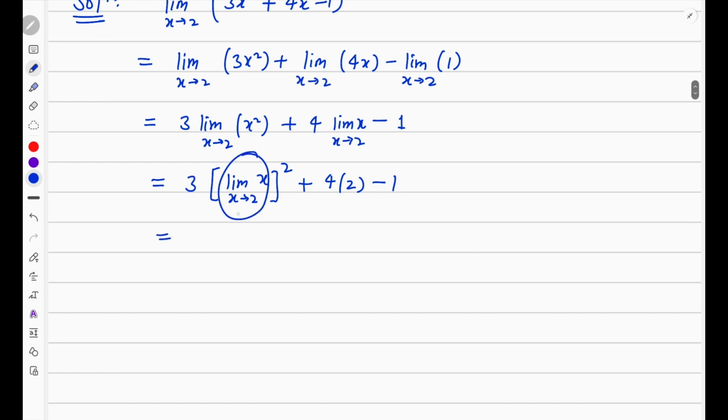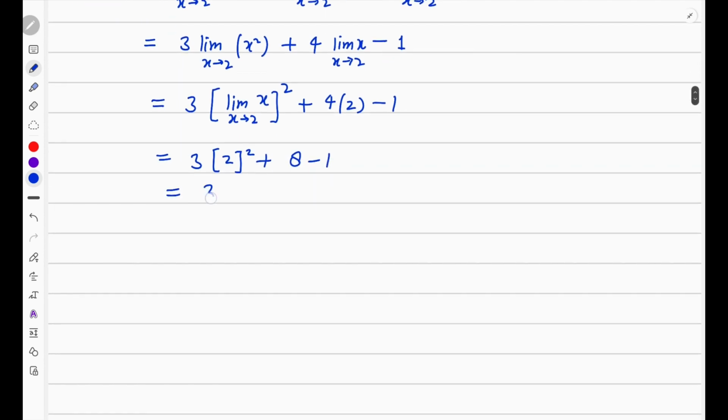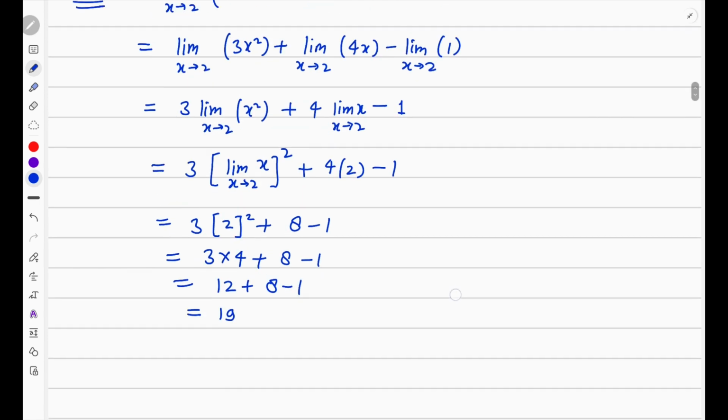Similarly here it becomes 2. 3 multiply 4 plus 8 minus 1. So it comes out 12 plus 8 minus 1, which is 19.